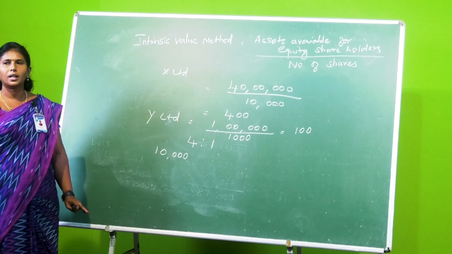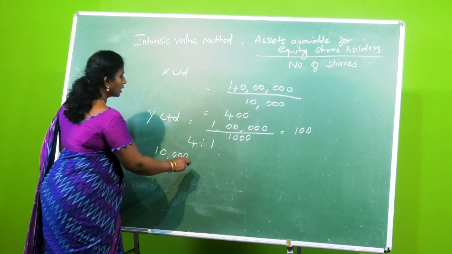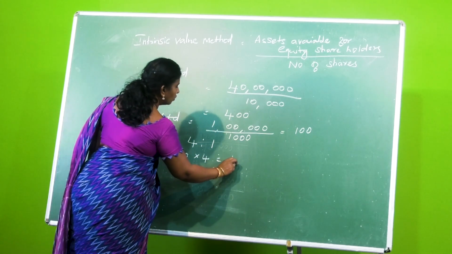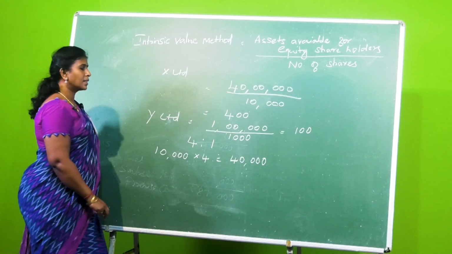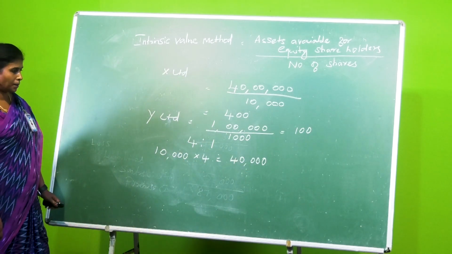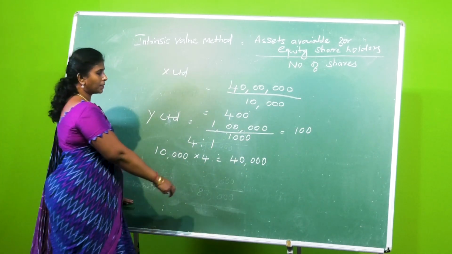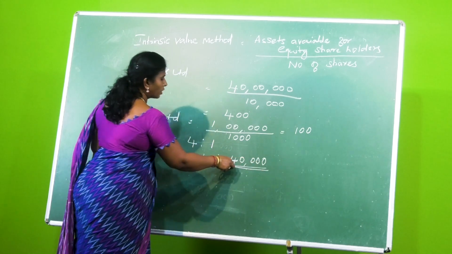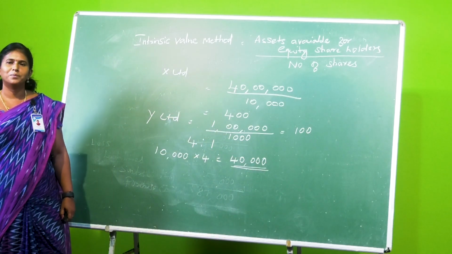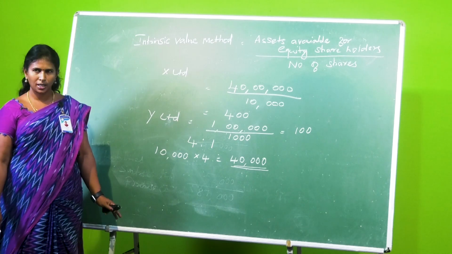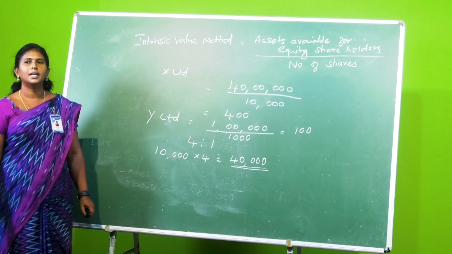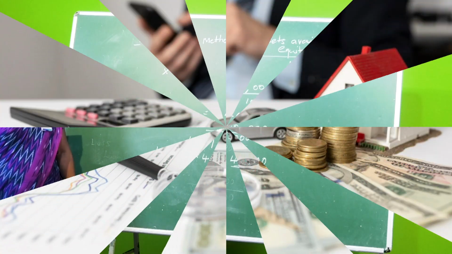So we cross multiply: 10,000 into 4 equals 40,000. So the number of shares issued by the purchasing company is 40,000. So clear. These are the two methods of purchase consideration: net asset method and intrinsic value method.